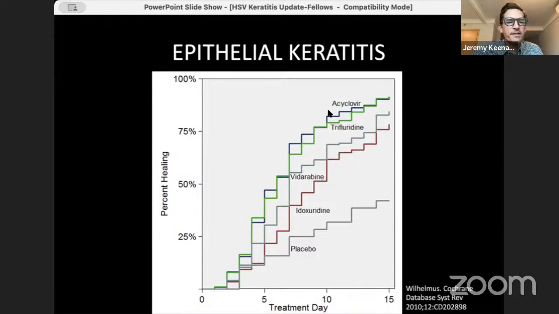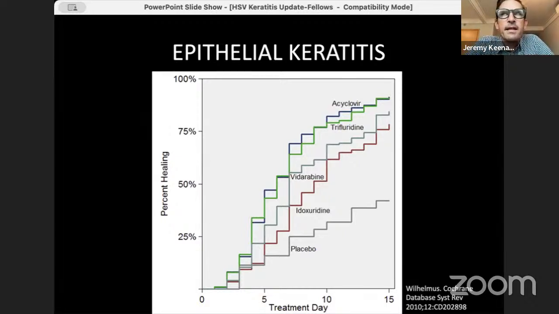From this graph, if you draw a line over from the 50% line, at about 1 week is when we can expect half of our patients to have healed. And by 2 weeks, maybe 90% of patients should have healed if they're on acyclovir or trifluridine.